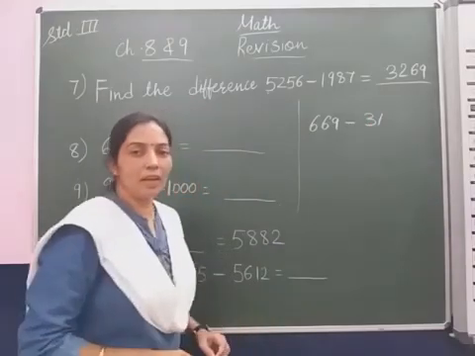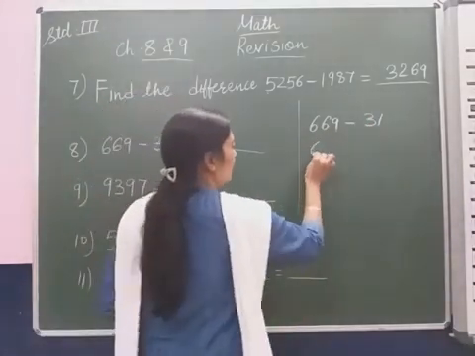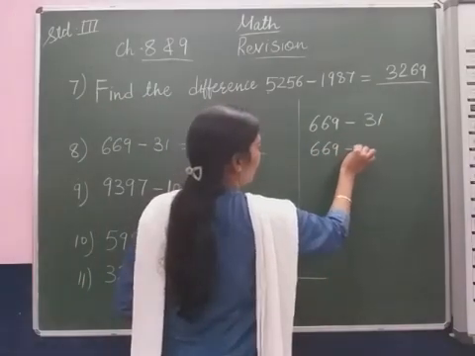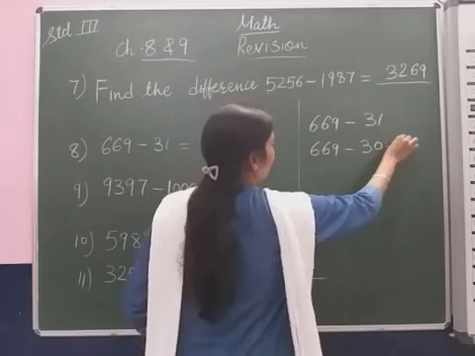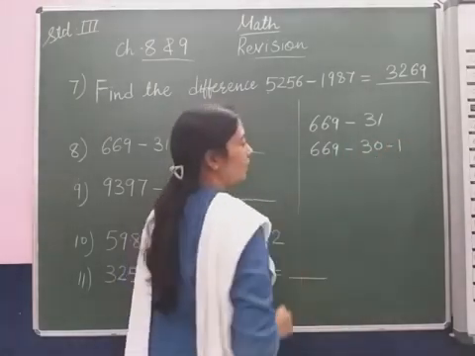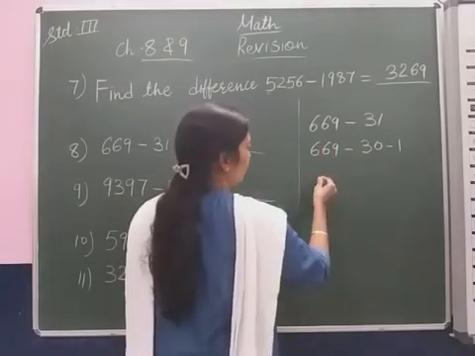While we are subtracting, we expand the smaller number. So 669 minus 30 minus 1. You can subtract 1 first, or you can subtract the 30 first.